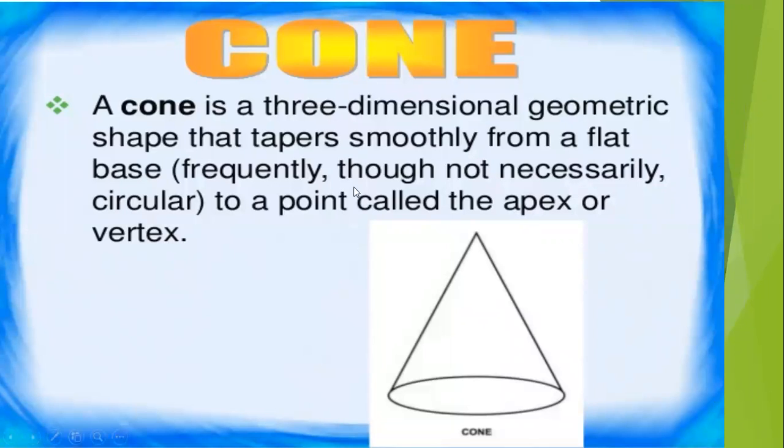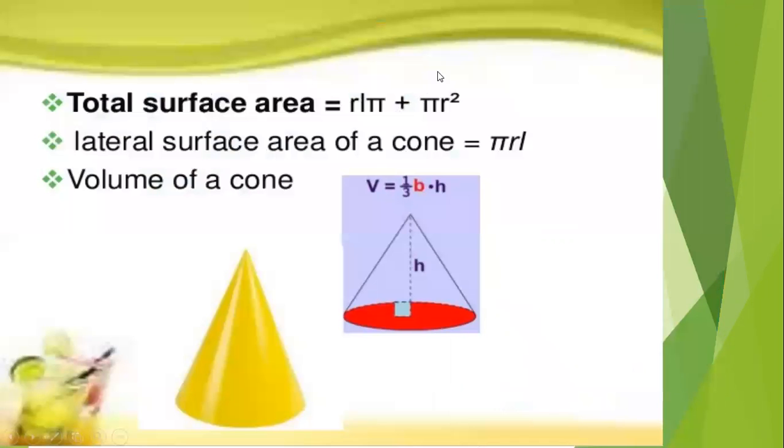If you look at a cone, it is a 3-dimensional shape, as you can see here, which rests on a circular base. So if we are finding its total surface area, we have to find the area of the base plus the area of this other rounded part. So the total surface area is pi r squared plus pi r l, as you can see here.